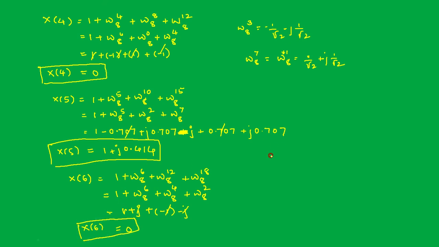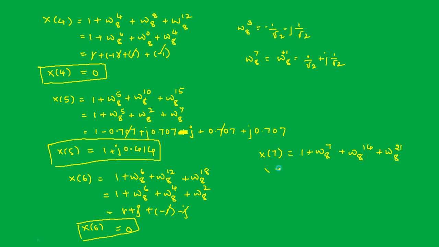And similarly we will calculate x of 7, for k is equal to 7. So that is 1 plus W8 raised to 7 plus W8 raised to 14 plus W8 raised to 21, right?